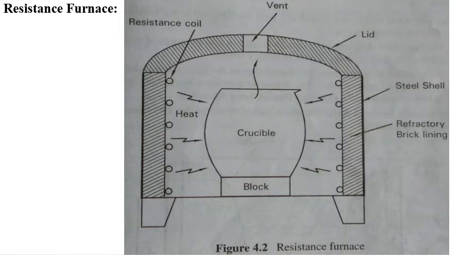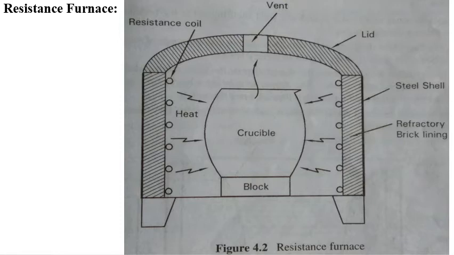In this lid, at the center, a hole is provided. It is a vent. The main function of the vent hole is that any gas present will go through the vent to the atmosphere.